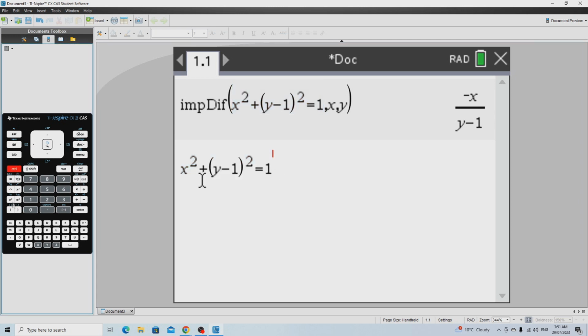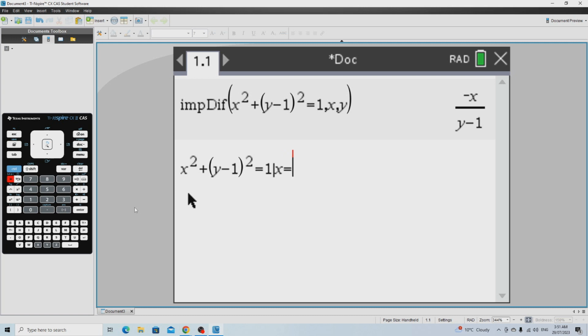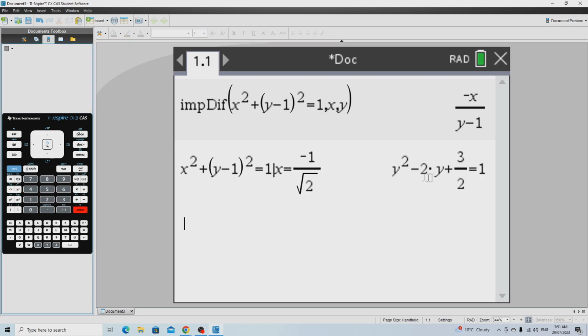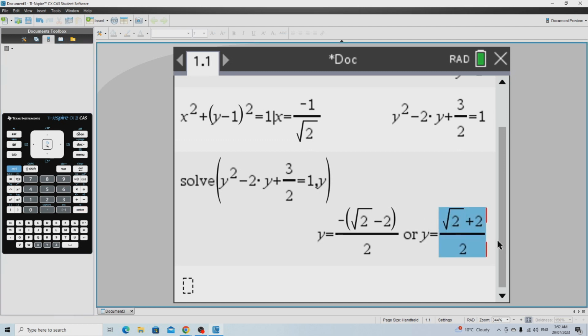So if I put this here, I can find the value of y when x is equal to, let's try the third value we're checking, negative 1 over root 2, and that gives us this. We can solve that for y, and we're going to pick the positive one, because if it was negative, the tangent just doesn't become 135.